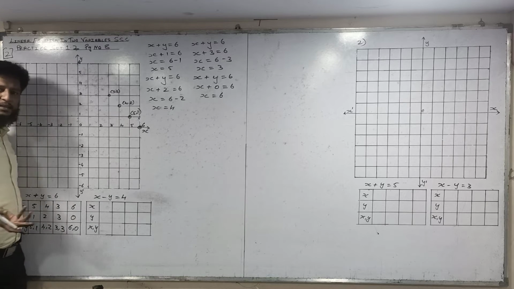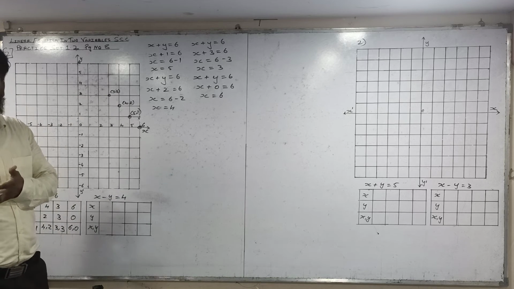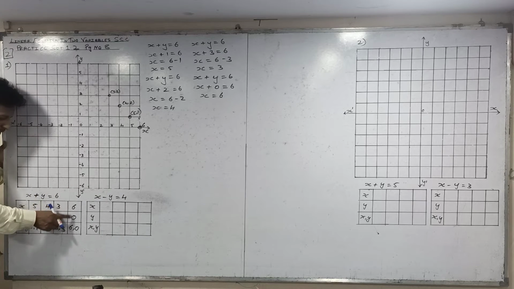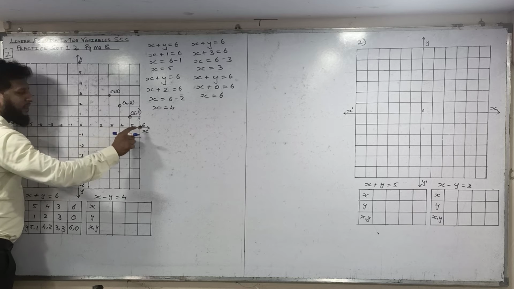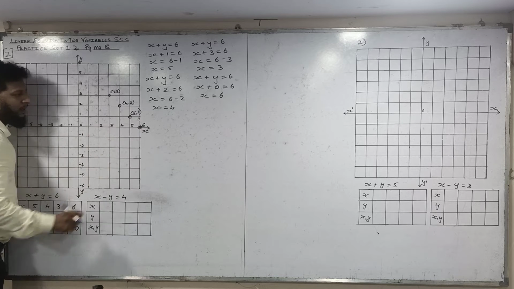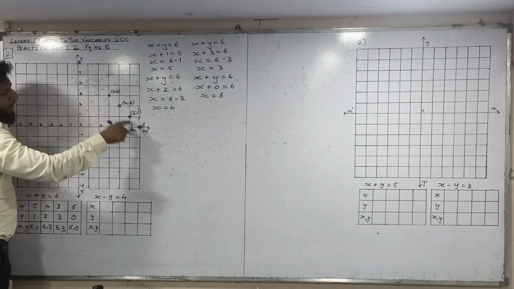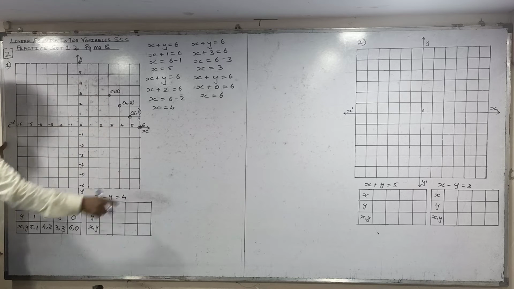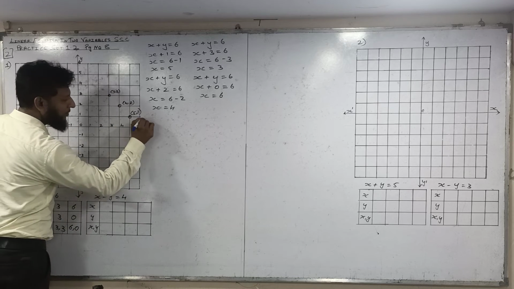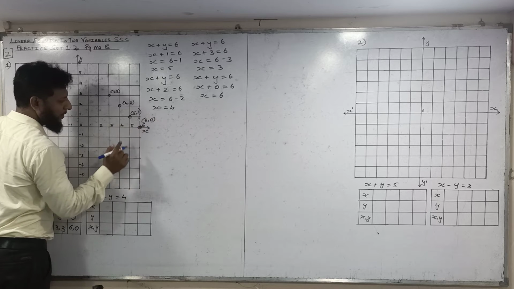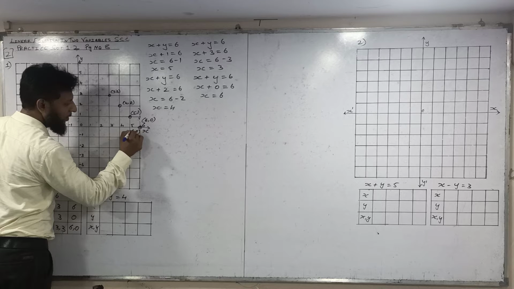If x is 0, then directly plot the point on the y axis at the given y number. So 6 and 0 means 6 on the x axis. Okay, here the point is here. Now we have got these 4 points. Now write the point 6 and 0. I can write here also 6 and 0.